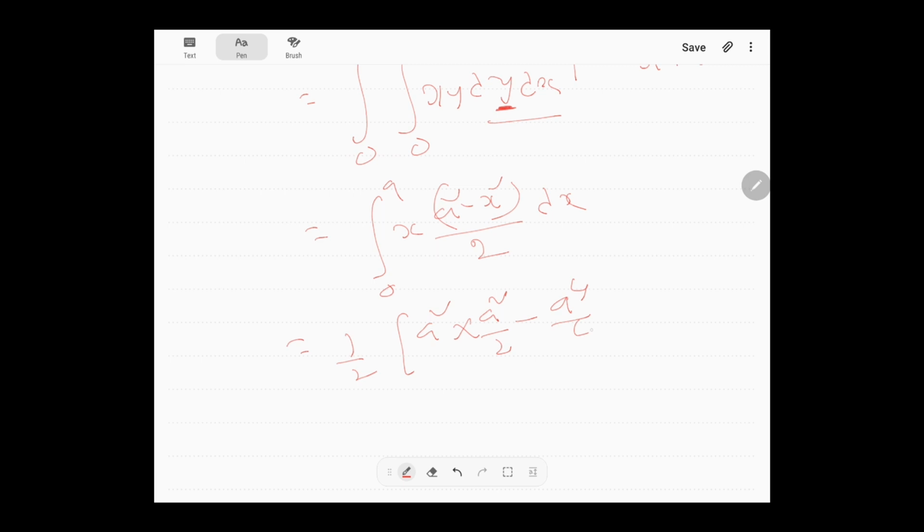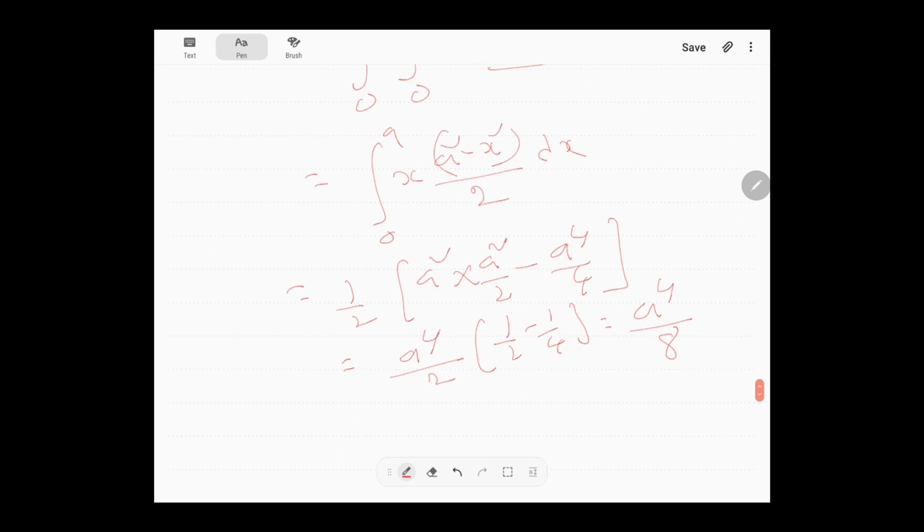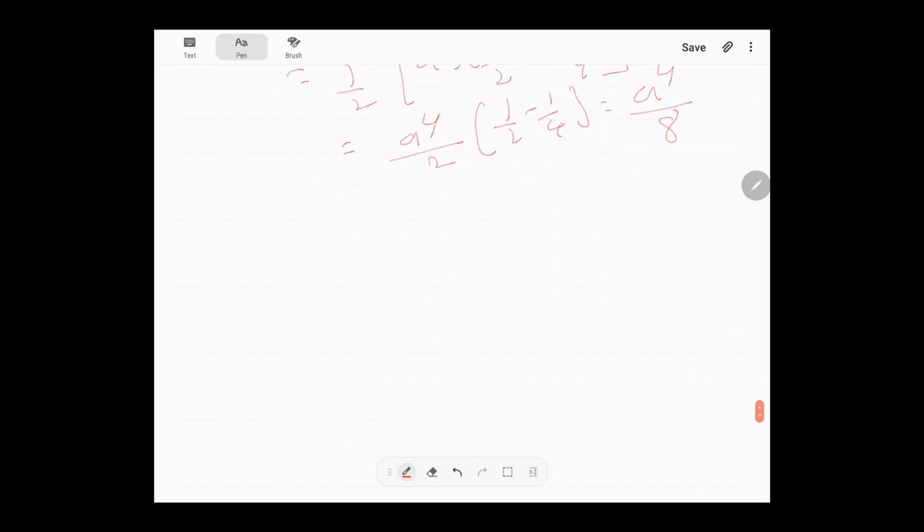If I substitute the limits, it is a power 4 by 4. So I can take a power 4 common, a power 4 by 2 into half minus 1 by 4, that is 1/4. Ultimately, this is a power 4 by 8. Even if you integrate the other way, you will get a power 4 by 8. You can do the integration in any way.